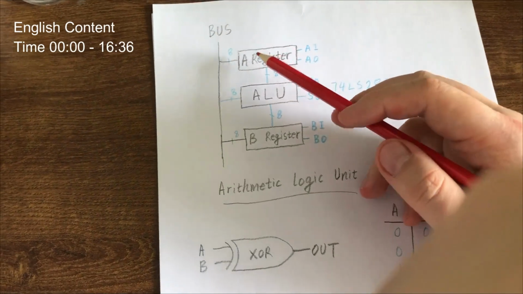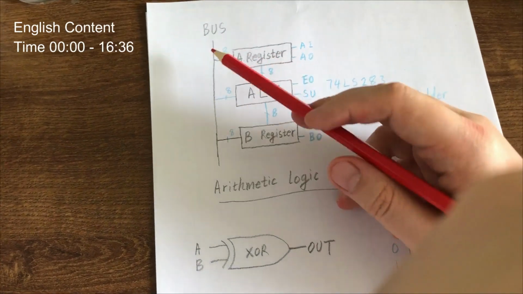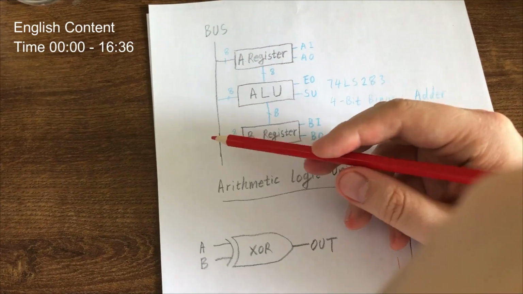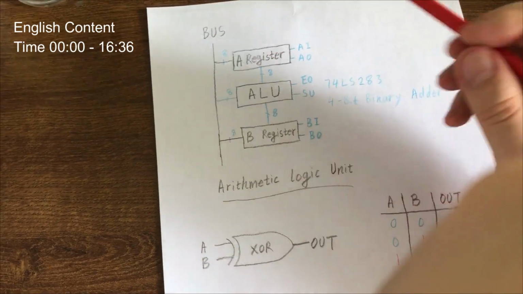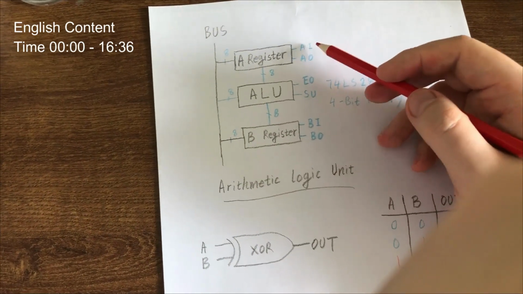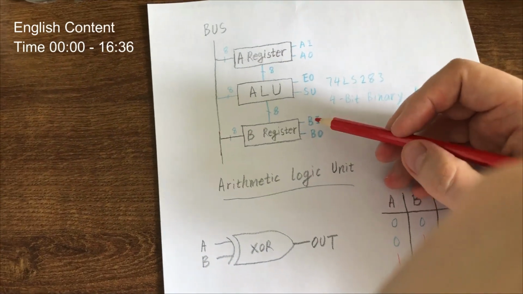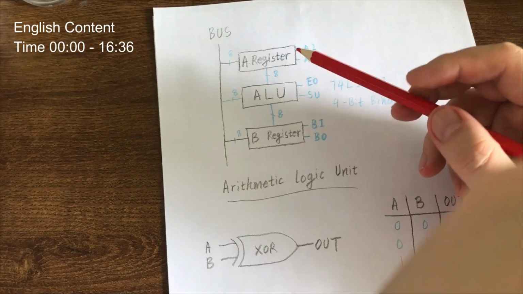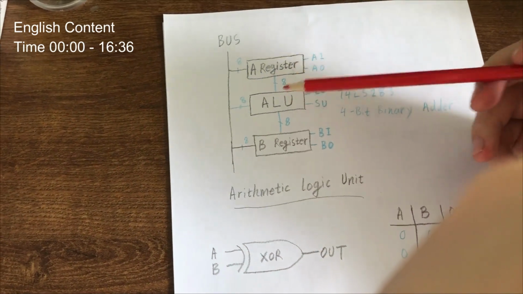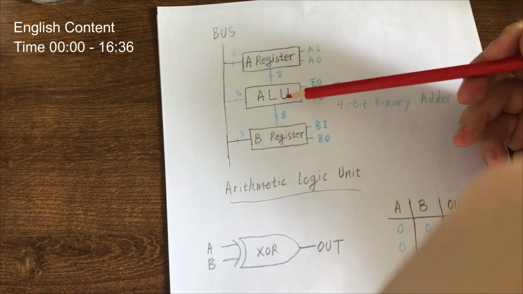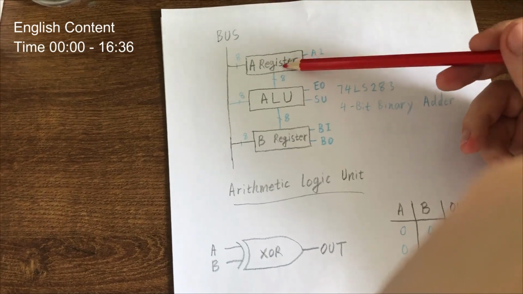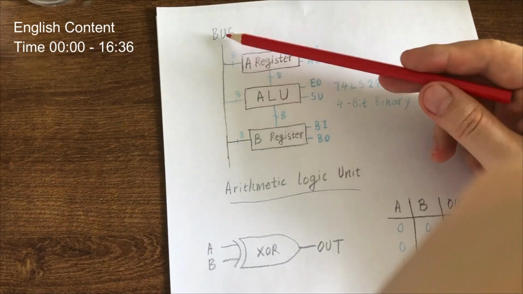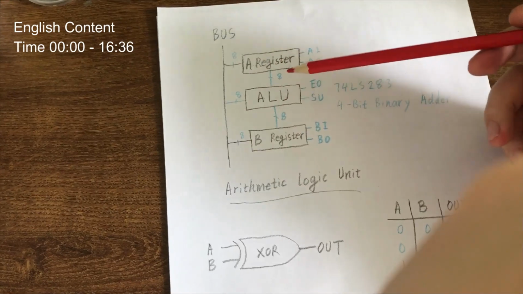We need A to output and input its data on the bus, and B also to input and output its data on the bus. We control that with A input, A output, also B input, B output. And this ALU, arithmetic logic unit, will do adding and subtracting of the A and B register numbers and display the result on the bus.